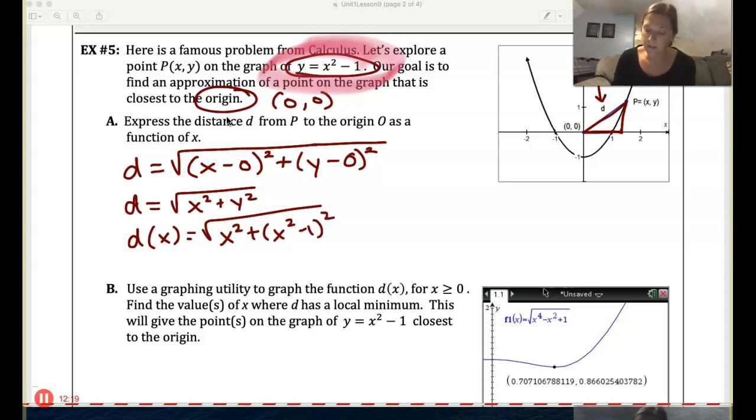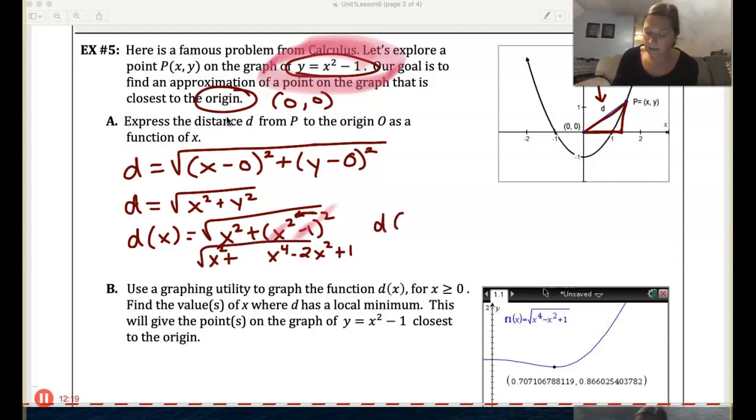All right, so let's go ahead and do that math for multiplying that out. That gets me x to the 4th. My middle number is going to come from x squared times negative 1 times 2 is my little trick that I do. So x squared minus 1 is negative x squared times 2 is negative 2x squared. And then squaring a negative 1 gets me plus 1. Bring down my x squared here.